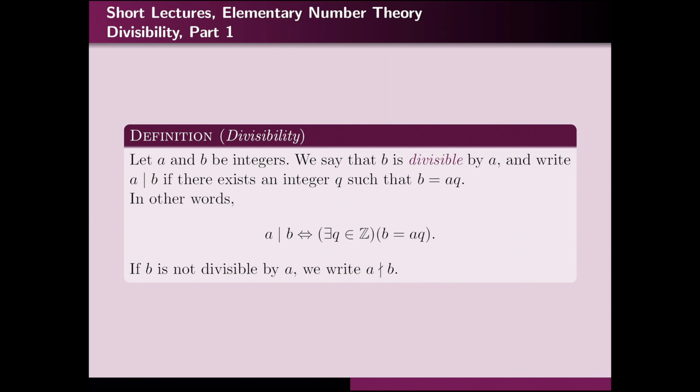Number theory. Number theory is one of the most fascinating and active branches of mathematics, even at research level. At its core, it's all about understanding the properties of integers. Numbers like 0, plus or minus 1, plus or minus 2, plus or minus 3, and so on.